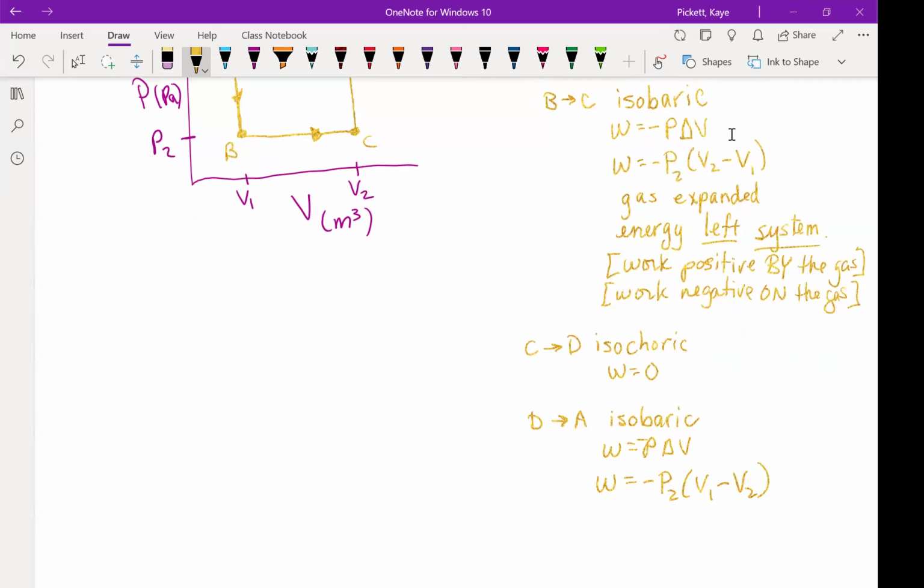And that's positive. I get work positive done on the gas. I had to squish it. The gas compressed. Work was done on the gas.